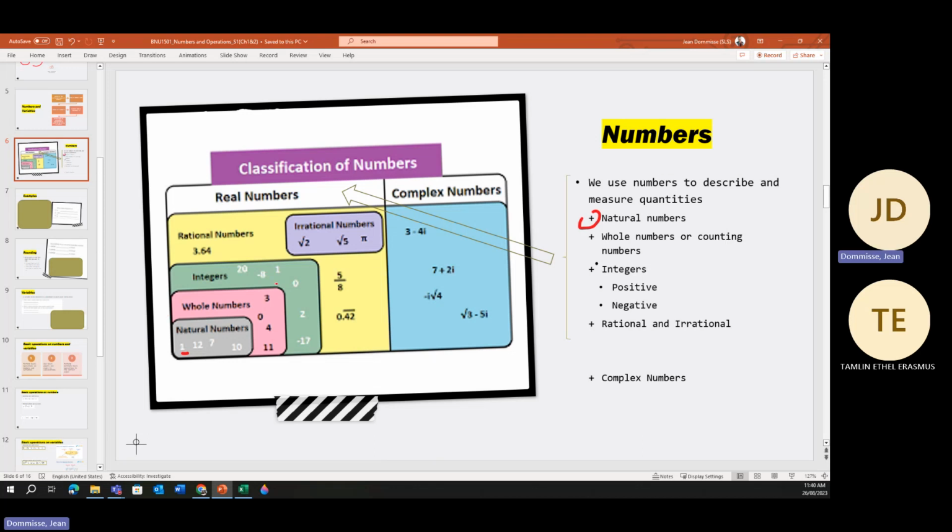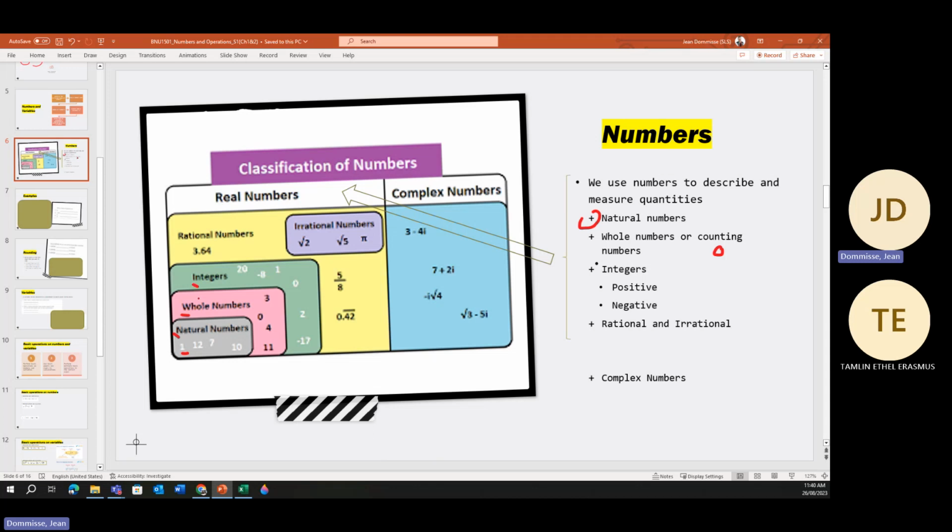Then the next one is whole numbers. The only difference is that you include 0 in that number set. So whole numbers are 0, 1, 2, 3, 4, and upwards. So that is natural, whole, and then we get integers.